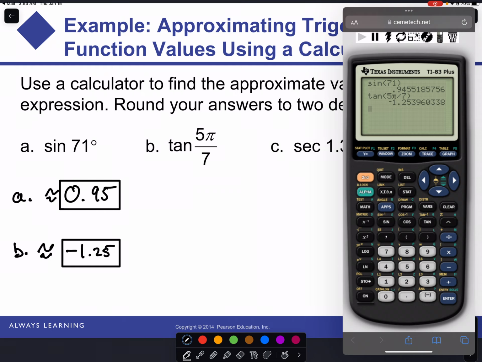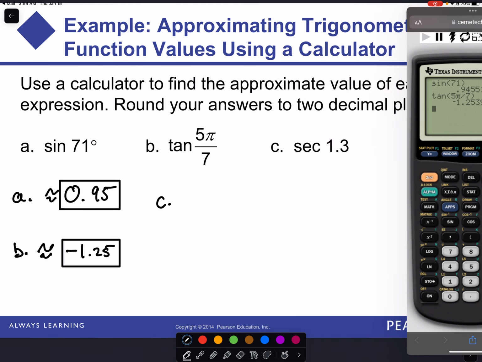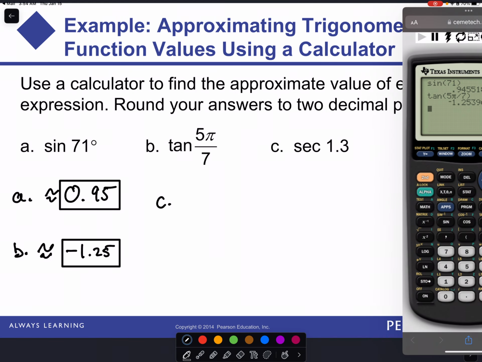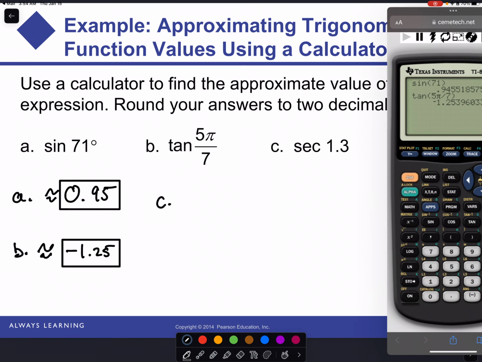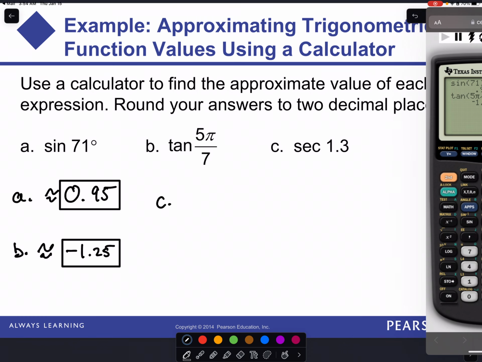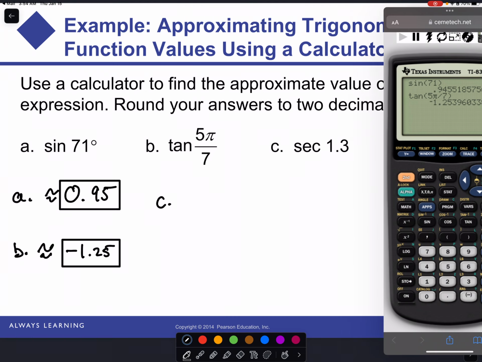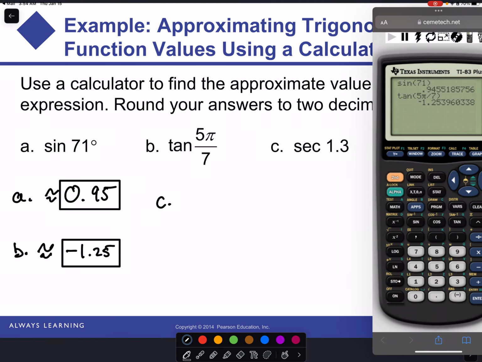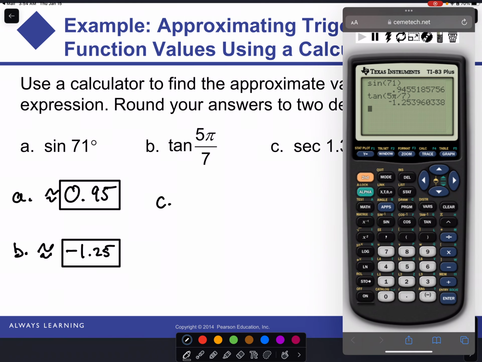And then for C, that should be in radians. I think that's okay. I'm going to do secant of 1.3. Secant is the reciprocal of cosine.